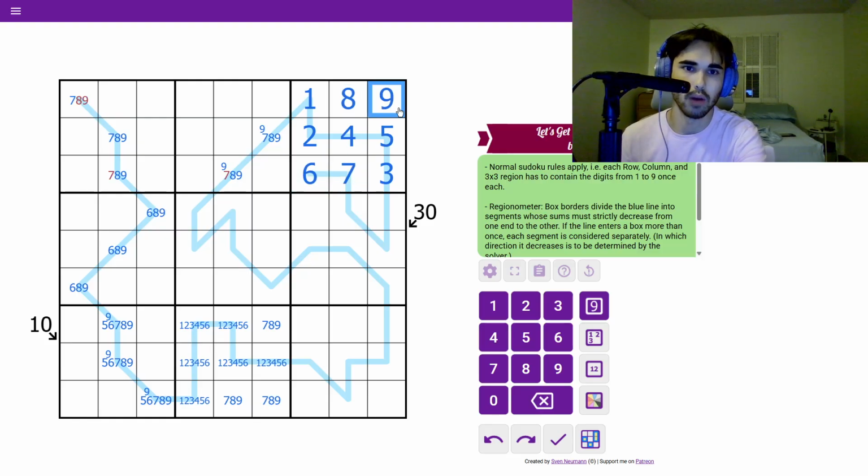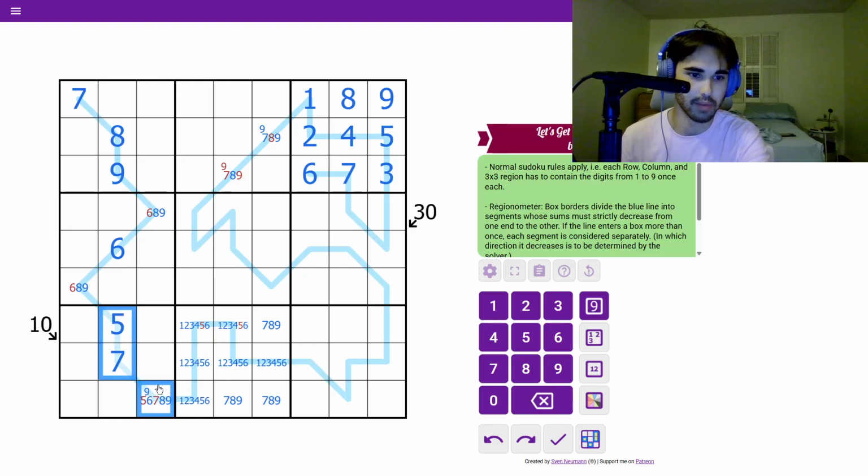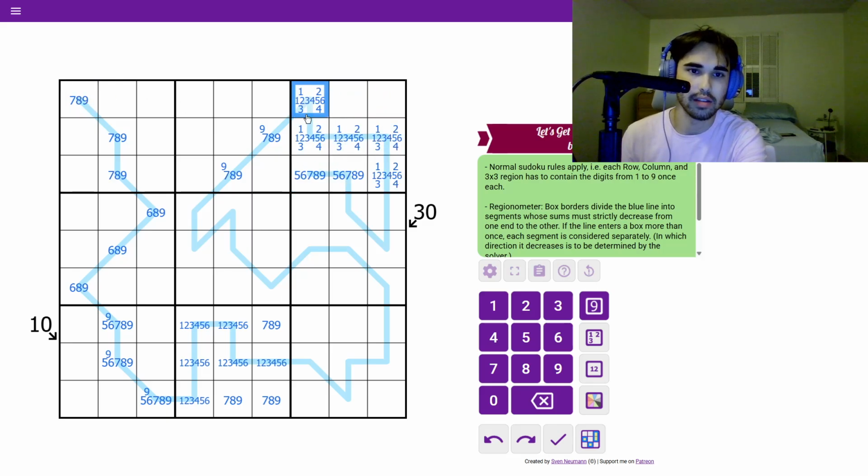And then no matter what, we'd get 8 and 9 in the top right corner if we do 15. But the problem is that forces 7 here, 8, 9 here, a 6 here, and then now all of a sudden we have 5, 7, and that's 12. And how are we to get to 22? That's impossible. I don't know if that's how you're supposed to see that, but that's why this can't be 15. It must be 16, which means this is 17.